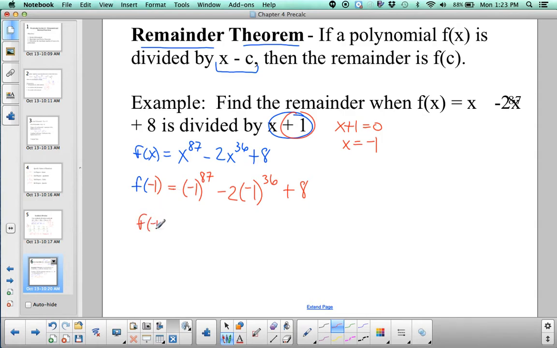So f of negative 1 would be negative 1 minus 2 times 1 plus 8, and so f of negative 1 would just give us 5. So we know the remainder in that case would be 5.